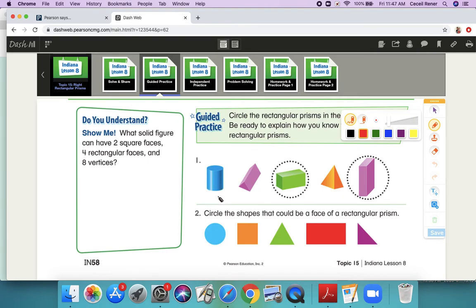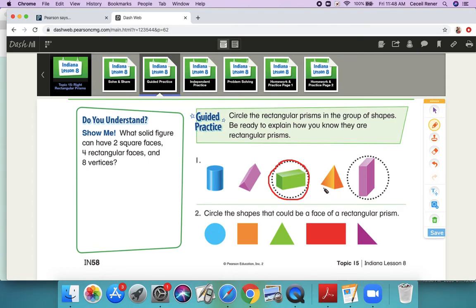Do we see any squares or rectangles there? No. Do we see squares and rectangles here? No, that's a triangle. And here they were circles. How about here? Do we see squares and rectangles? Yes. So this one we're going to circle. We're going to circle this shape right here.